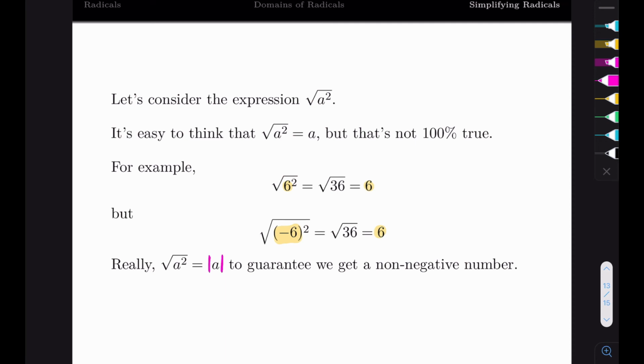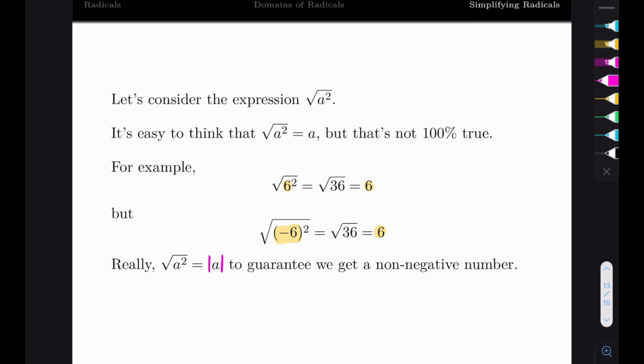If you ever get something wrong, just try putting absolute values around it or changing the sign that's in front of it, and that might correct your mistake. But this is a really important concept that the square and square root, although they do cancel each other out, it really leaves you with the absolute value of that thing, because an even root is never going to give you something negative.